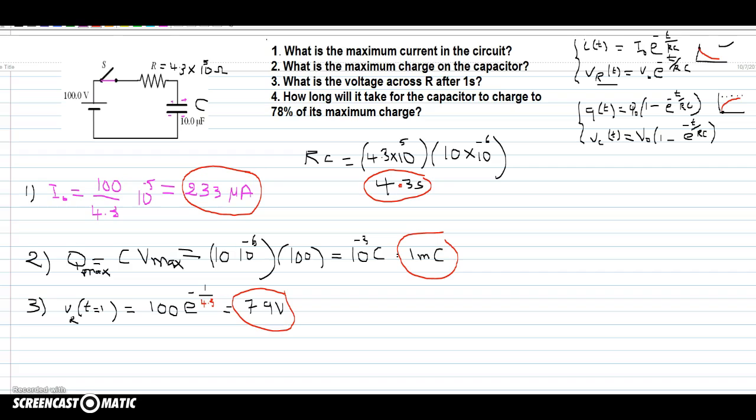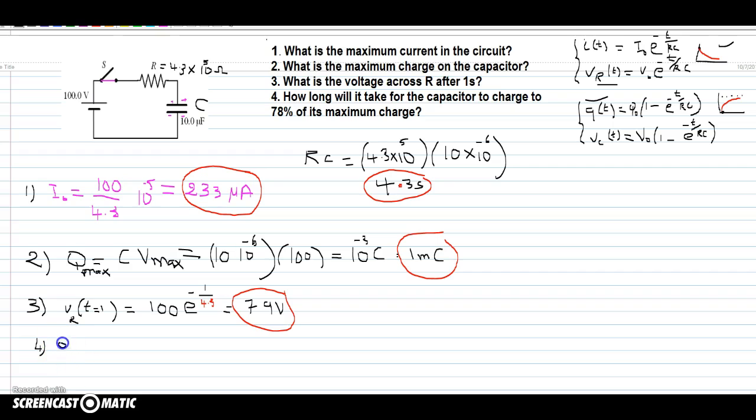Number 4. Now this is similar to discharging. How long will it take for the capacitor to charge to 78%? Obviously, if I wait long enough, the capacitor will be completely charged, 100%. But before that, how long do I wait for the capacitor to reach just 78%? So we have to use this equation, this one here, you see, Q(t).